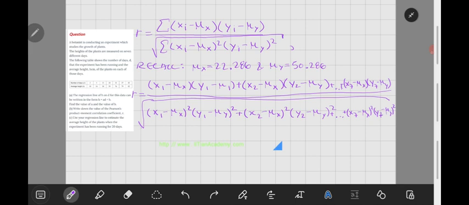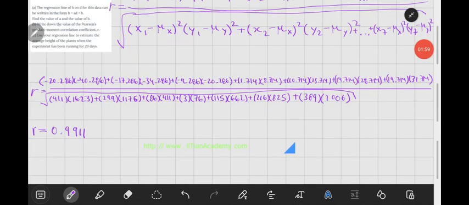Now, when we substitute actual values into our equation, you should find that it comes out to be something like the following. Please pause the video to cross-check that your values in the numerator have come out to be more or less the same.